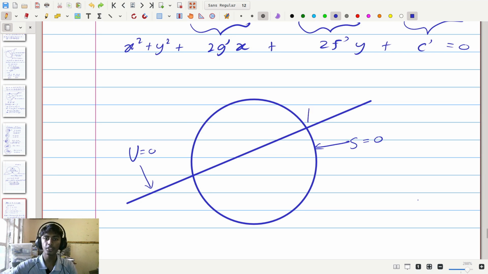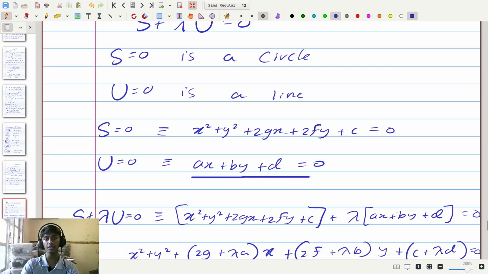So let's suppose this intersection point here is (x1, y1). And similarly, let's suppose that this intersection point here is (x2, y2). We can see that the point (x1, y1) is on U equals 0 and is also on S equals 0. Therefore, if we take the equation U equals 0, instead of x we substitute x1, instead of y we substitute y1, and ax1 plus by1 plus d will be 0.